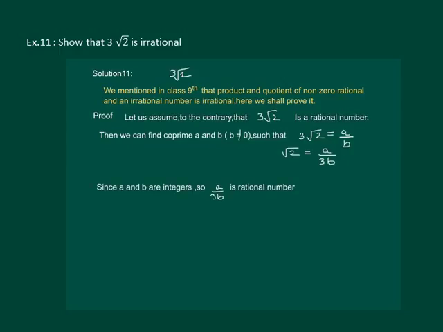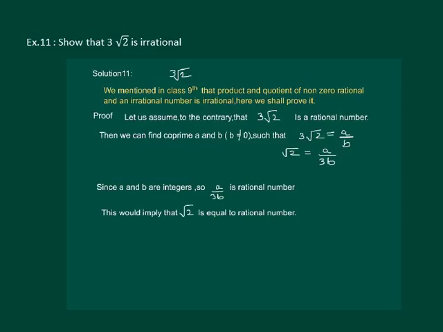Now look at the right hand side of this equation. Since a and b are integers, a by 3b will be a rational number, and we are saying that root 2 is equal to a rational number.